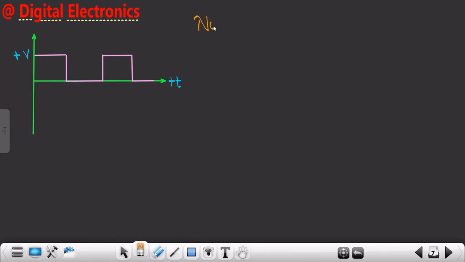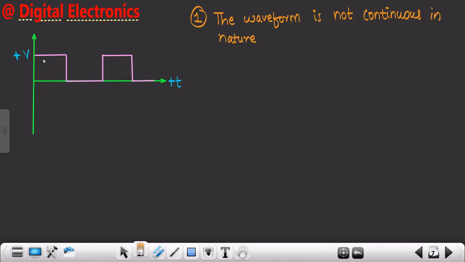The first point is that the waveform is not continuous in nature. Now you will say, but sir, we can clearly see that this part is getting repeated.